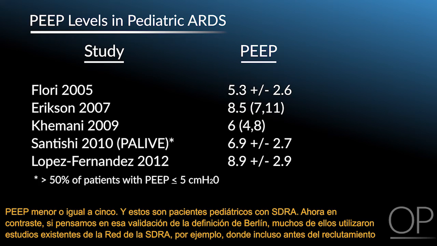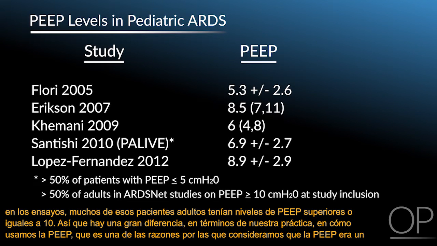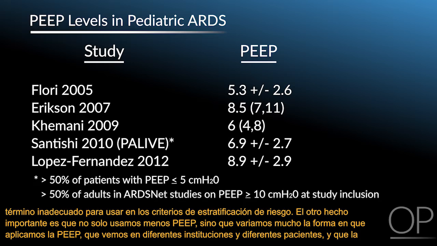Now, in contrast, if we think about the validation of the Berlin definition, many of those used existing studies from the ARDS Network, for example, where even before enrollment in the trials, many of those adult patients were on PEEP levels greater than or equal to 10. So there's a big difference in terms of our practice and how we use PEEP, which is one reason why we felt that PEEP was an inadequate term to use for the criteria for risk stratification.